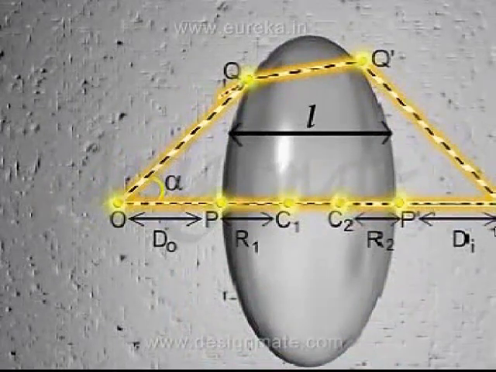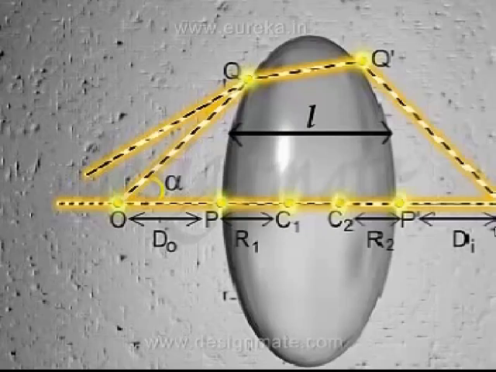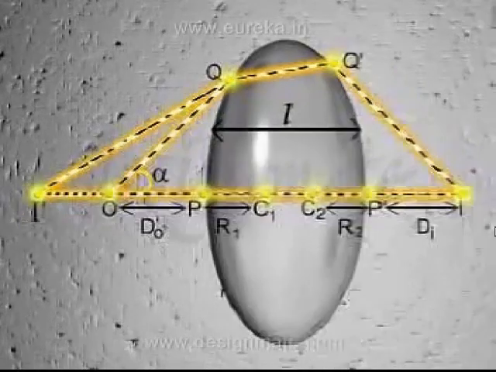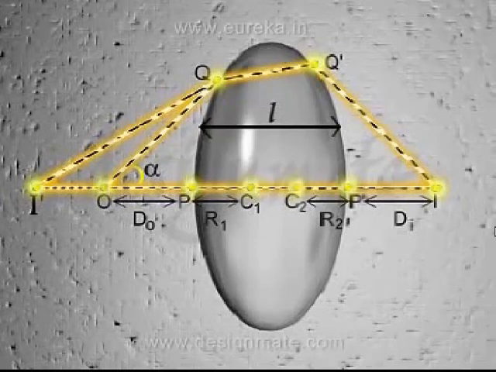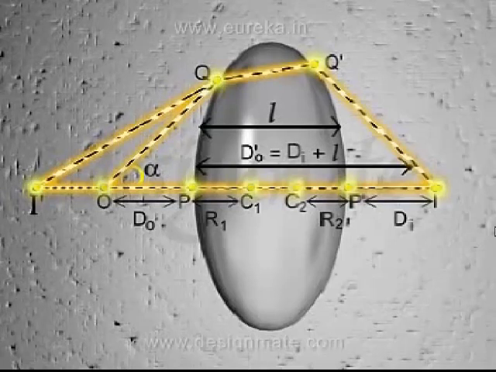The image I formed due to the refraction at the first surface acts as real object for the second surface of the lens. Thus, for the second surface of the lens, object distance DO is equal to DI plus L. Image distance will be DI and the ray enters the air from glass.